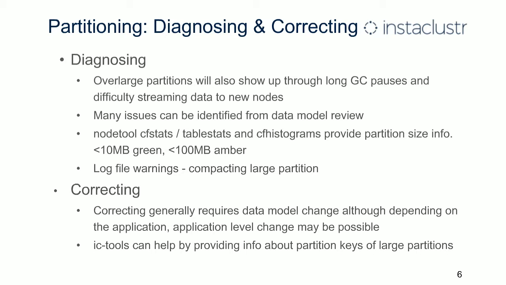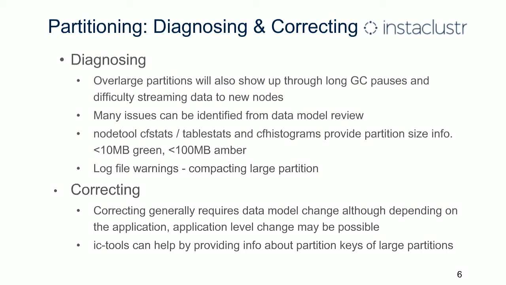The recommendation that we have is less than 10 megabytes per partition is pretty safe. Less than 100 megabytes, you're probably okay. Above that is likely to start running into problems. There has been quite a bit of work in recent versions of Cassandra to improve large partition handling, so you possibly can get away with a bit larger, and we certainly have seen a lot larger, but they're good measures for safety.